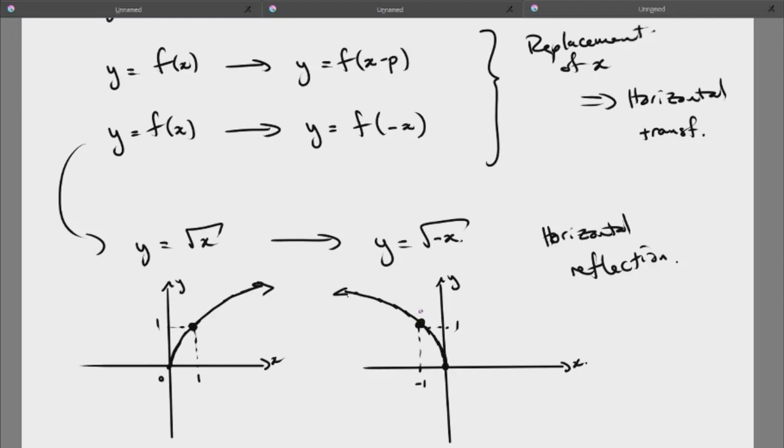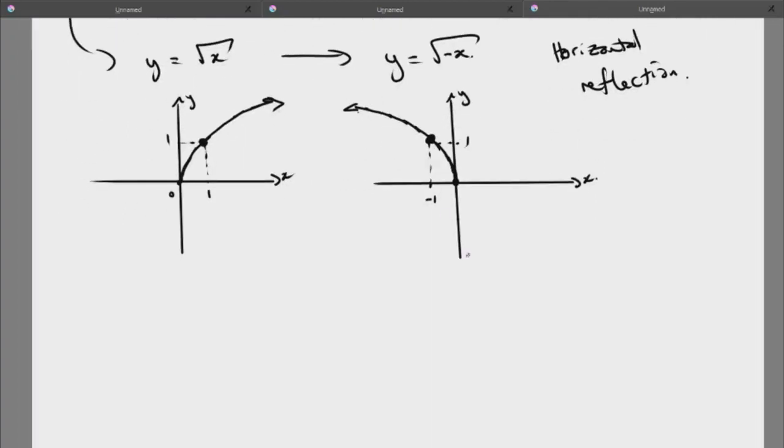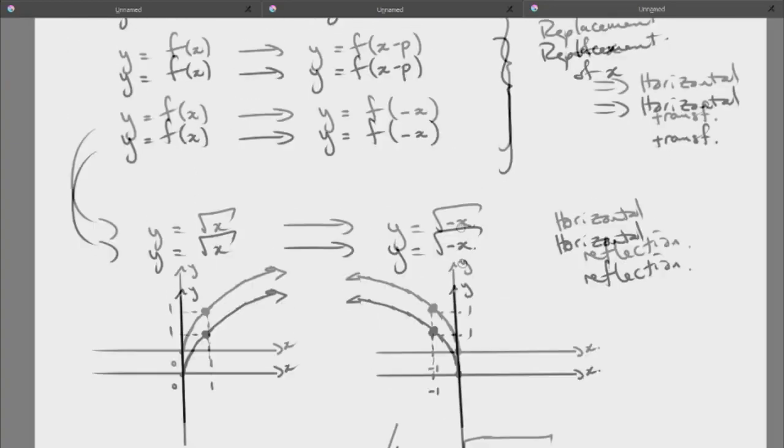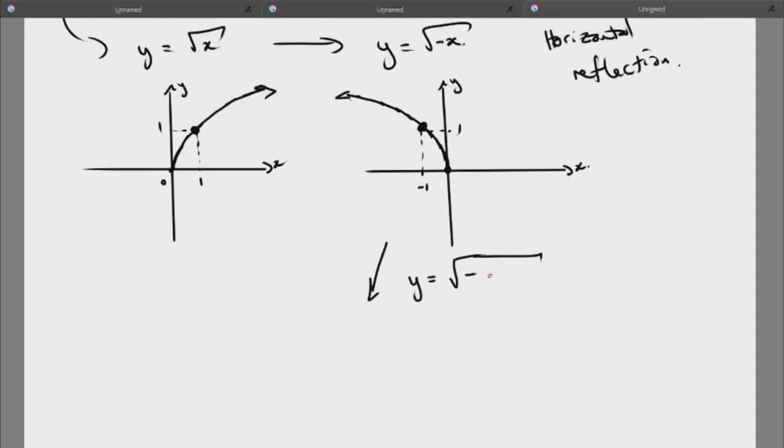So now, what if I took this and replaced x from the previous one? I take it out, and the replacement is only that. You take out the x, you put in, let's say, x minus 1. So what I want to do here is replace x with x minus 1.